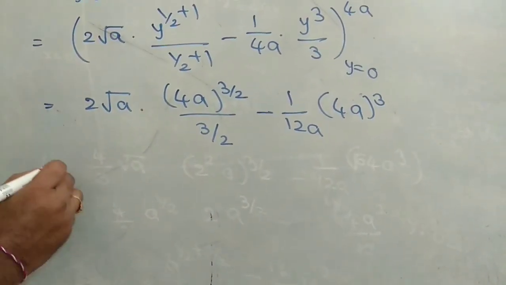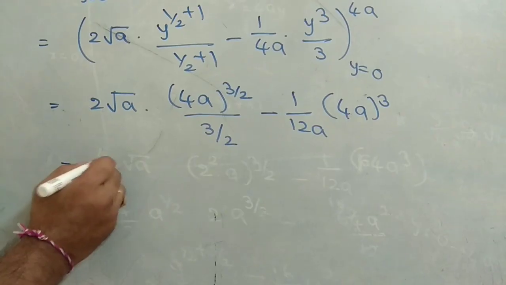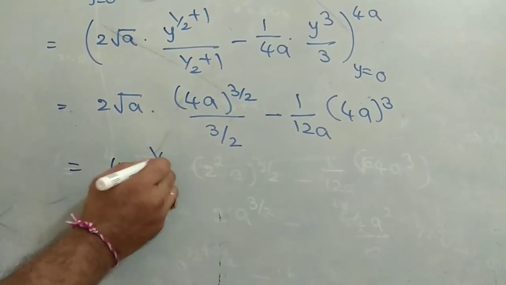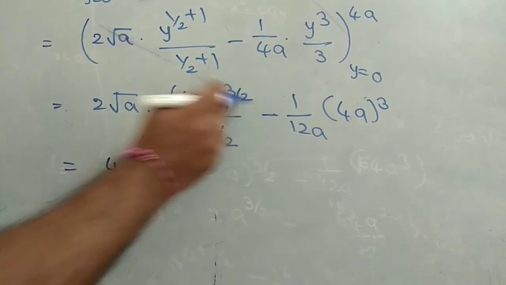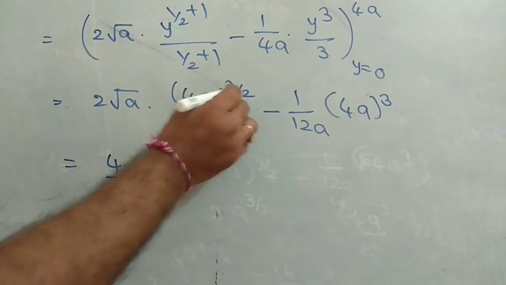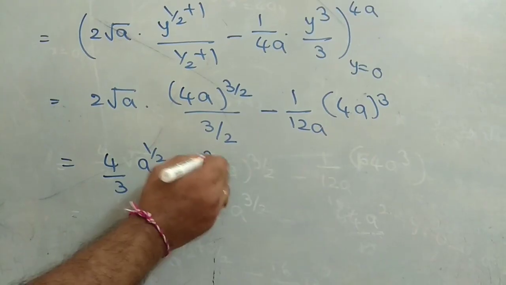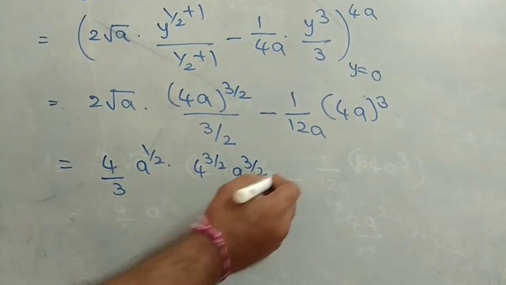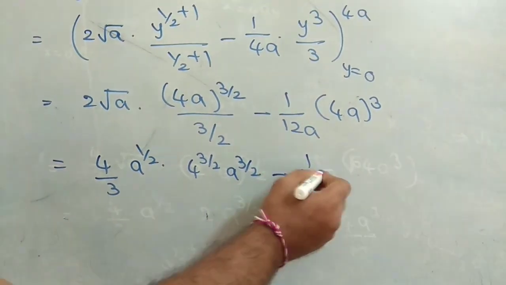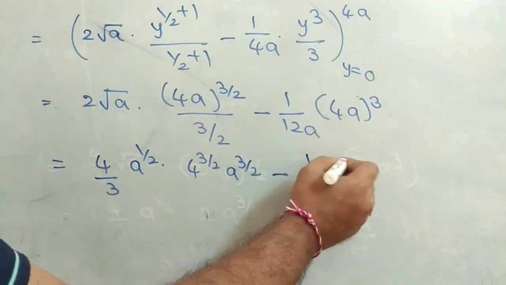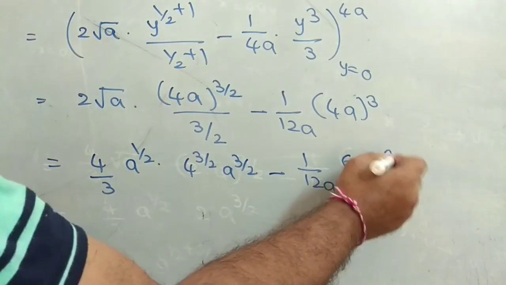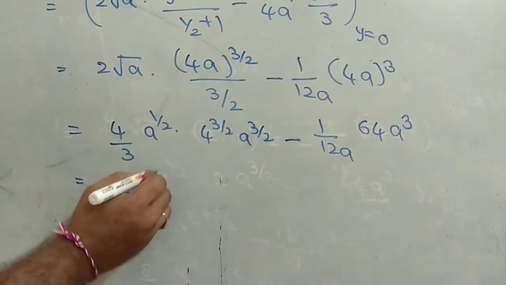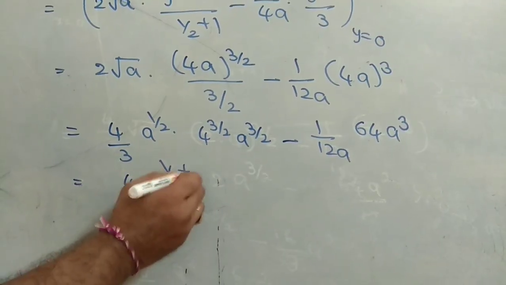On simplification, it becomes 4 by 3, and that root a can be taken as a power 1 by 2, and if I take individually 4 power 3 by 2 and a power 3 by 2, minus 1 divided by 12a times 64a cube. So it is 4 by 3 a power 1 by 2 plus 3 by 2.